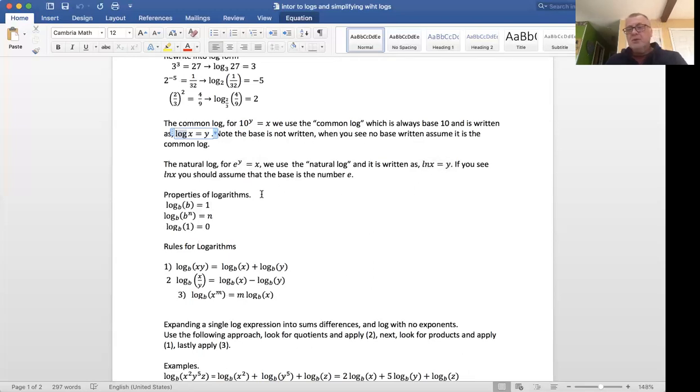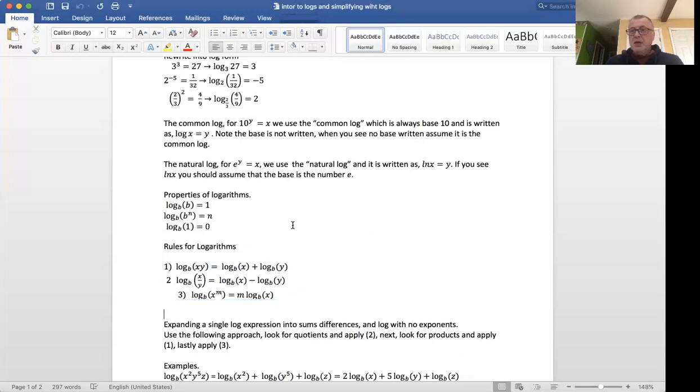Properties for logarithms, whether they're natural logs or common logs or any base: the log base b of b equals 1. So if the base and the thing we're taking a log of are the same, it equals 1. The log base b of b to the n equals whatever that exponent is. And log base b of 1 always is 0.